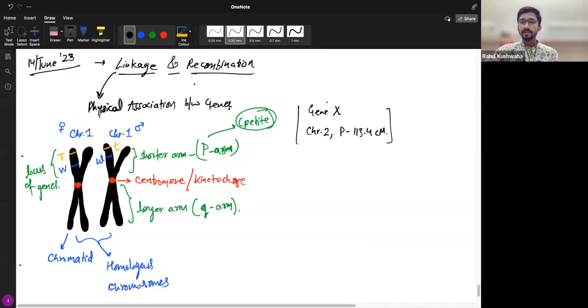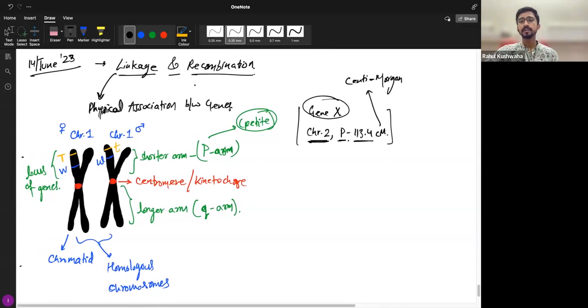It means that this gene is present on the P arm of chromosome 2 at this locus. And the distance that we measure is called centimorgan. It's not centimeter, it's centimorgan, named after Thomas Hunt Morgan. Is it clear?